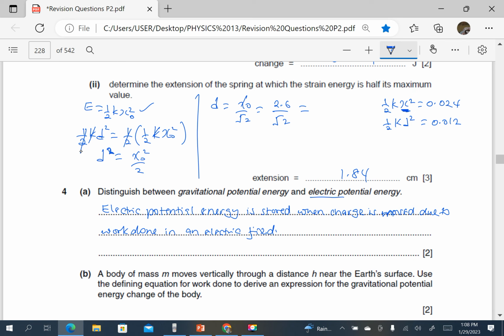Then for gravitational potential energy, it is stored when a mass is moved due to work done in a gravitational field.